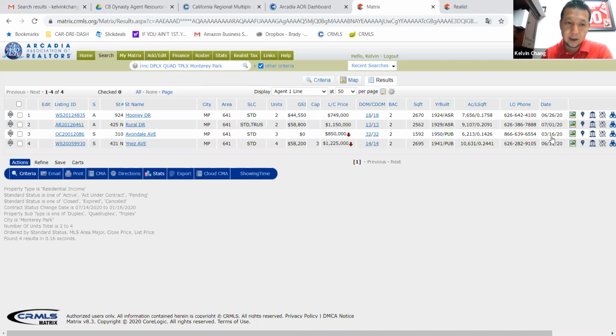And this is the only one that sold right before COVID or right during COVID, but everything else is right after the COVID period. So I know that this is more, it's already adjusting for the conservative, fearful people out there. It's already adjusted.